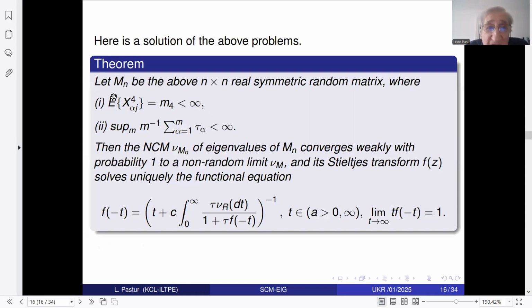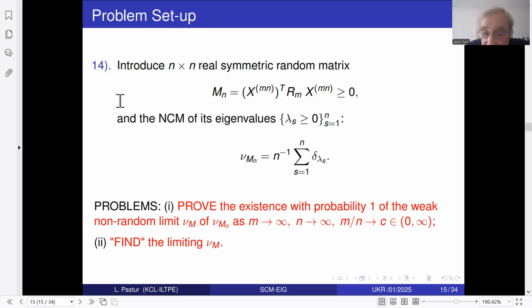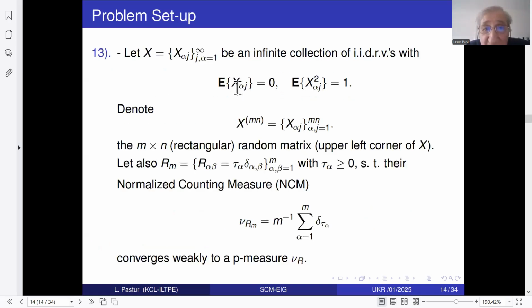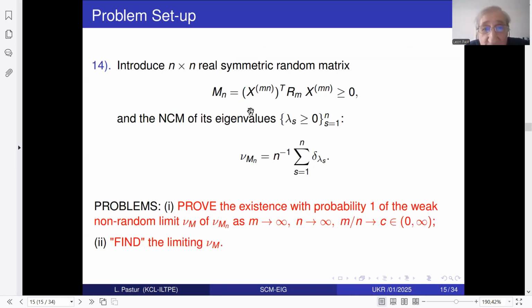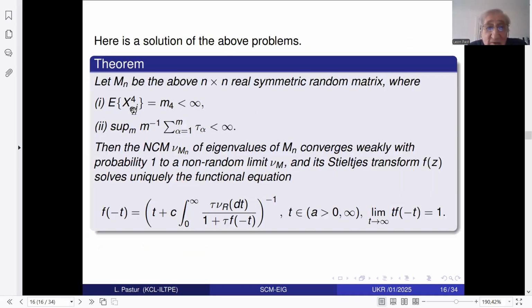I assume additionally that the entries of x, let me remind you, have expectation 0 and second moment 1. Now I assume additionally that the fourth moment is finite. It is just to make the proof simpler.